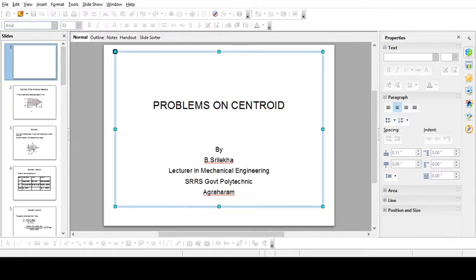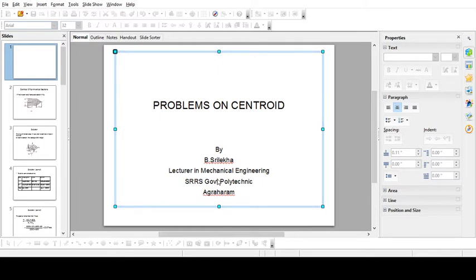Similarly, this third one, JGKF, is 70 by 15. So let us find this.